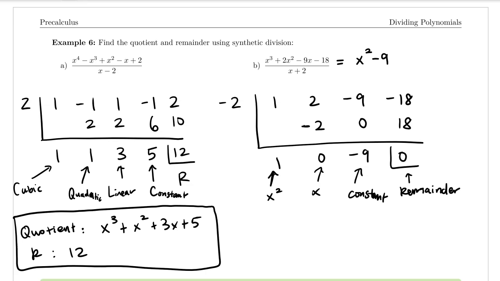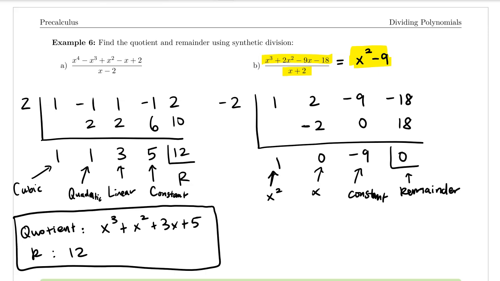So it turns out that when I divide that cubic polynomial in the numerator by x plus 2, I get another polynomial and no remainder. So when I divide this polynomial by x plus 2, we get x squared minus 9 with no remainder.